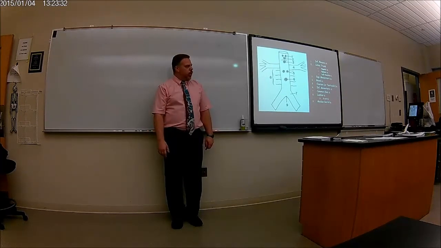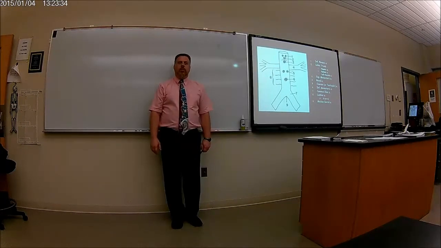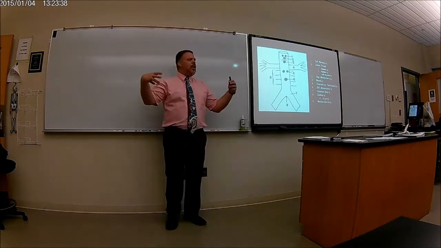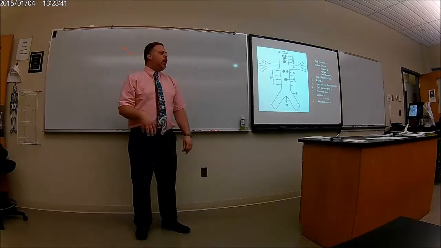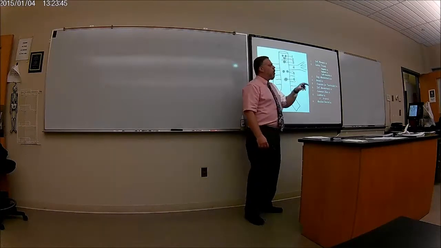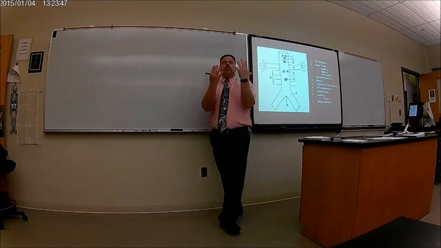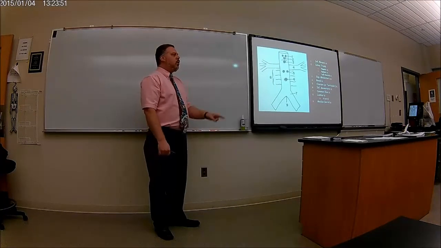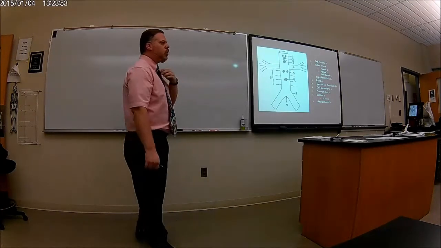Now there are superior phrenic arteries. You don't have to worry about them in this class. They're coming off a branch from above, but you don't have to worry about those. But these are the inferior phrenic arteries, and they go up underneath the diaphragm, and you could see them on the models on the windowsill over there.